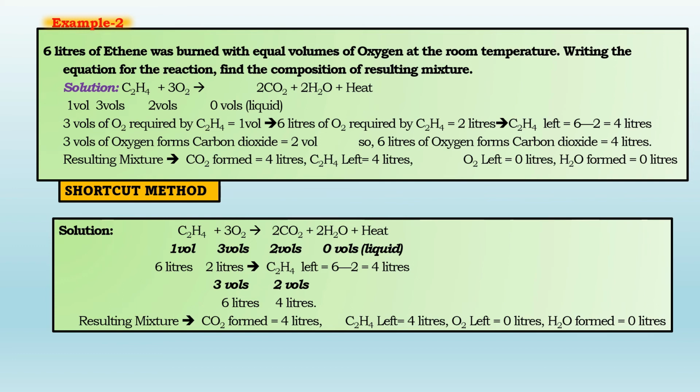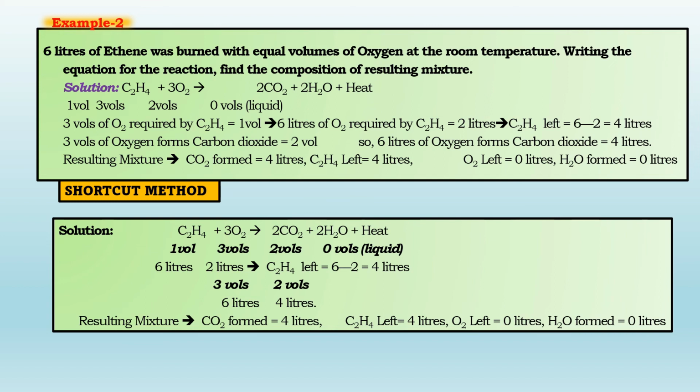In the equation, C2H4 plus 3O2 gives 2CO2 plus 2H2O plus heat, 6 liters of ethene is given and 6 liters of oxygen is also given. Now if 3 volumes of oxygen requires 1 volume, so 6 liters of oxygen will require only 2 volumes of ethene. So the amount of ethene left will be 6 minus 2, that is equal to 4 liters.